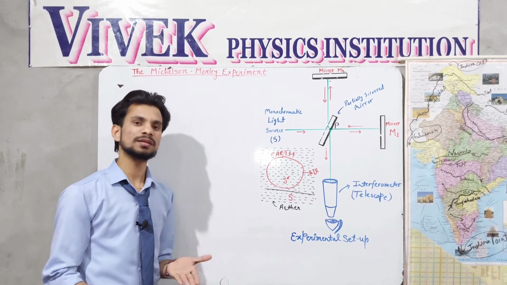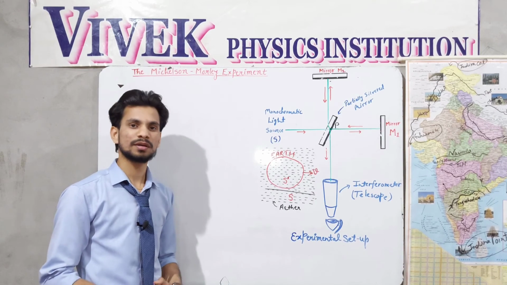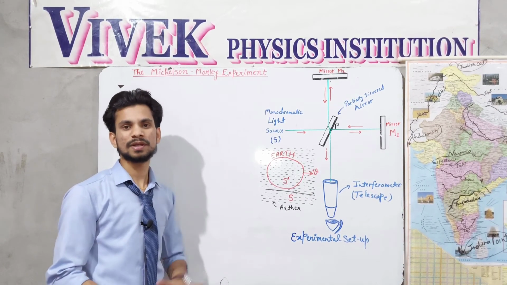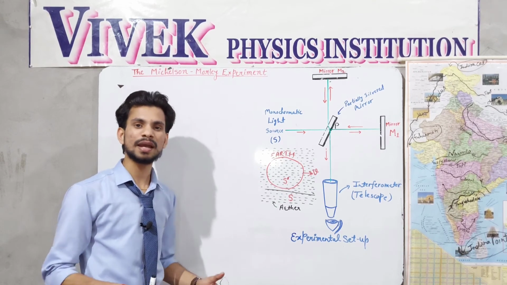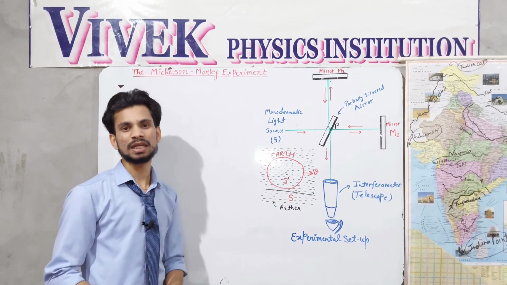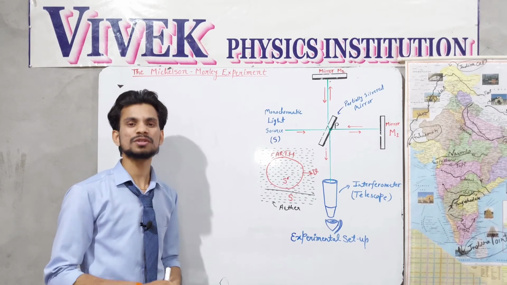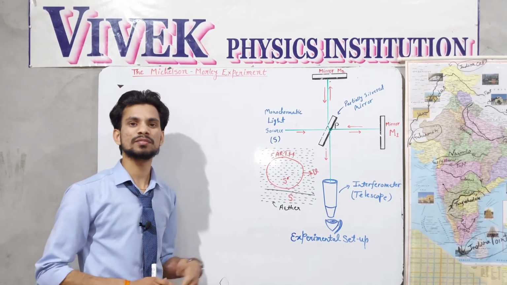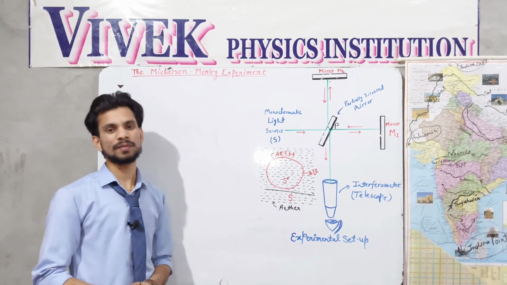To identify the presence of that medium known as ether, this experiment was performed by Michelson and Morley in the late 19th century, approximately in 1880 or 1881. So this was the basic reason behind the performance of this experiment.